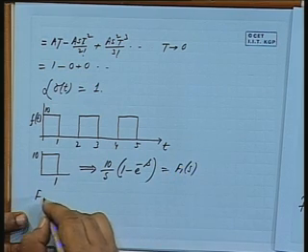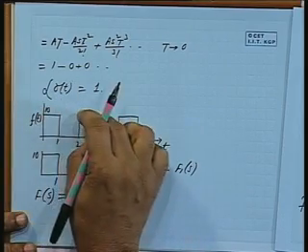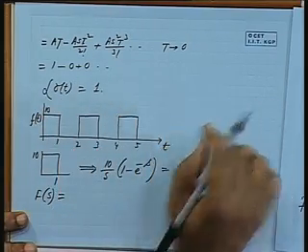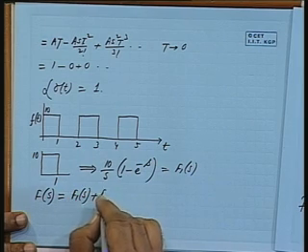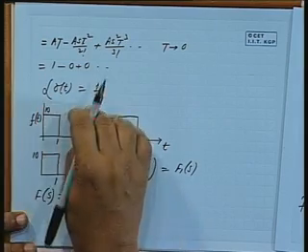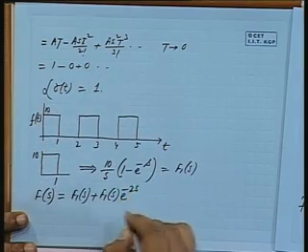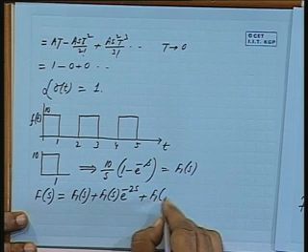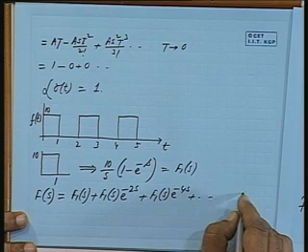Then what will be F(s)? The same thing being repeated. So, it will be F1(s) plus F1(s) repeated after 2 seconds. So, F1(s) into e to the power minus 2 s plus F1(s) into e to the power minus 4 s and so on up to infinity.